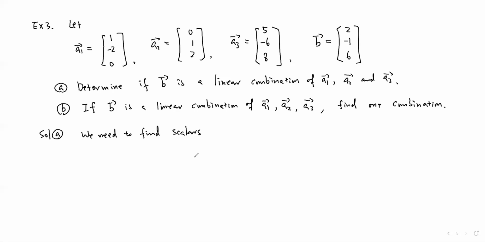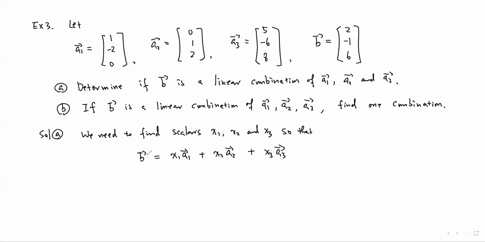Scalars in linear algebra means numbers. We need to find numbers x1, x2, and x3 so that b is equal to x1 times a1 plus x2 times a2 plus x3 times a3.